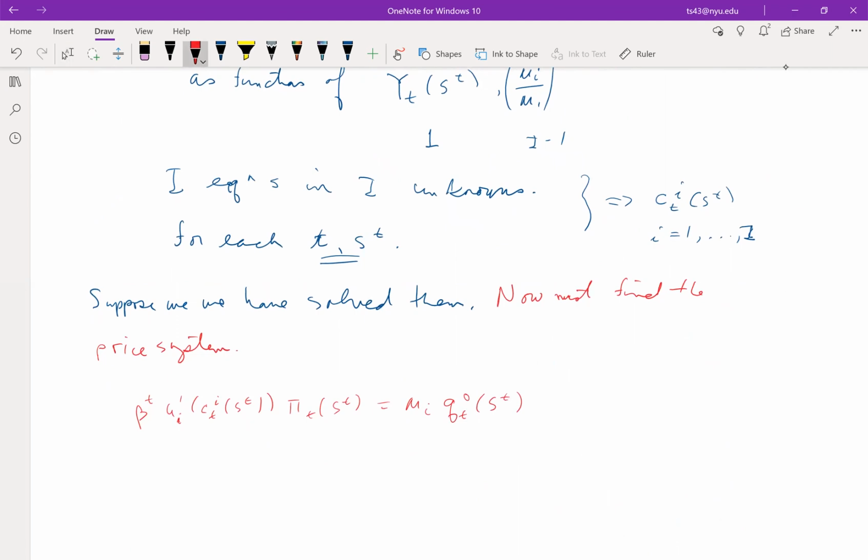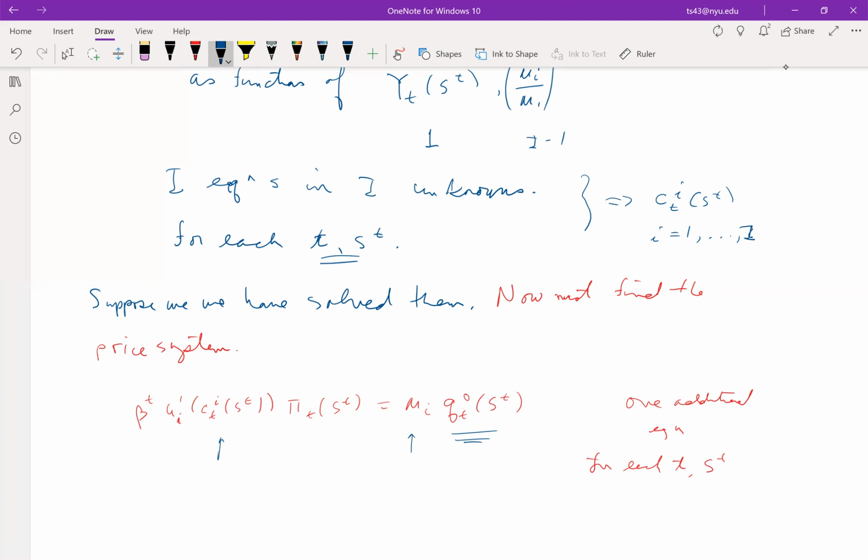So now let's take the price system. We're going to get one additional equation for each t and s^t, because if we know the C_t^i's and we know the multipliers, then we can solve for q_t.